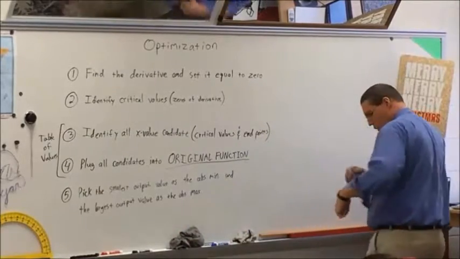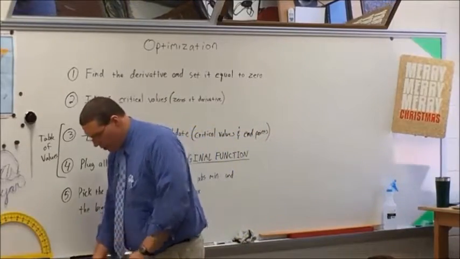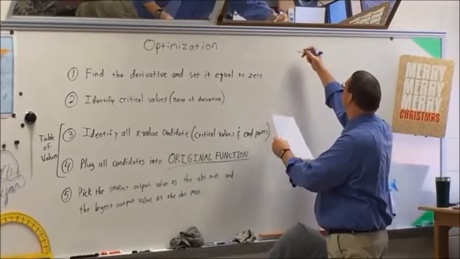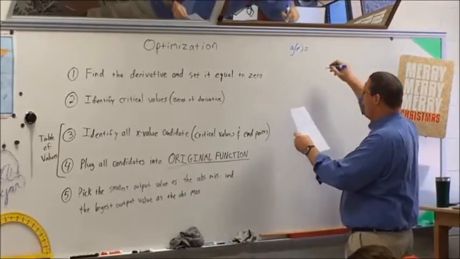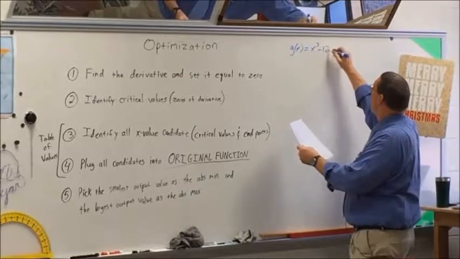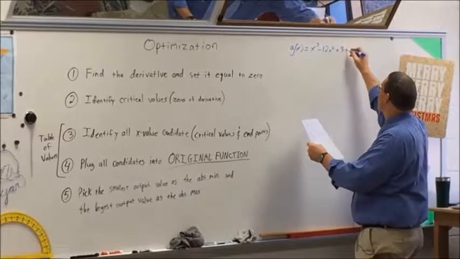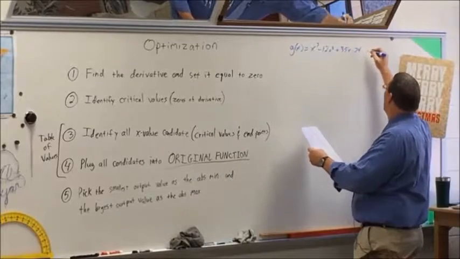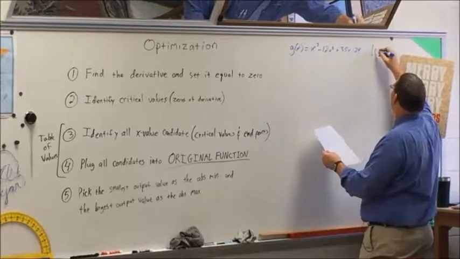Okay, we're going to do question number 2. It says g of x equals x cubed minus 12x squared plus 35x minus 24, for the closed interval from 0 to 9.